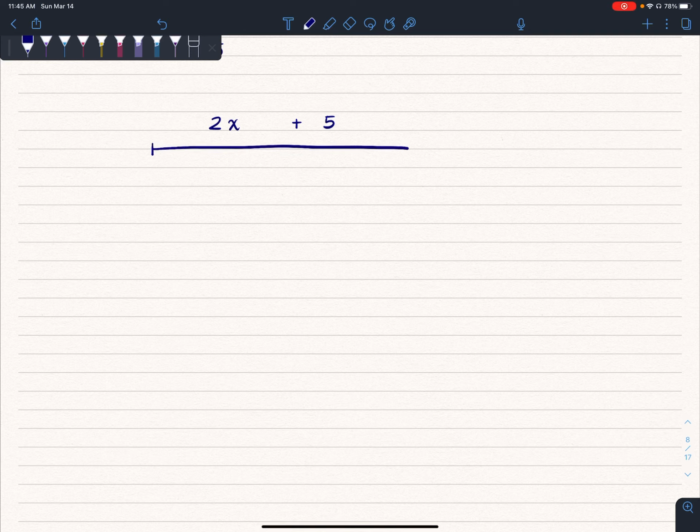So if I say that this here is 2x, we can actually break it down into an x and an x. And this over here is 5.